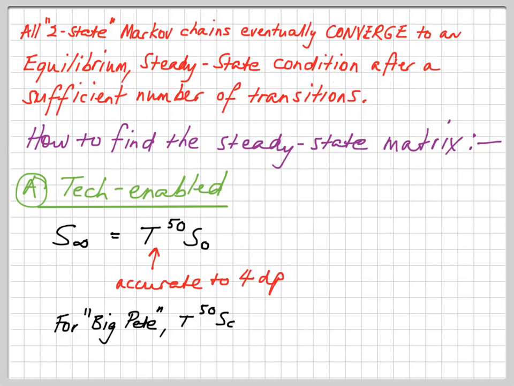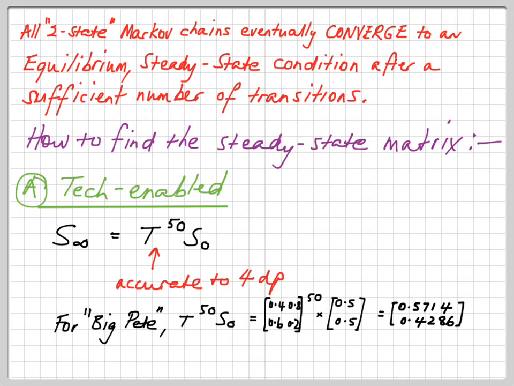So, for Big Pete, let's see what happens to Big Pete. I'm itching to know how likely he is to ride to work after an infinite number of transitions, e.g. 50 is good enough. Let's see. We've got 50, that's T to the 50 times the initial state, and what does it get us?